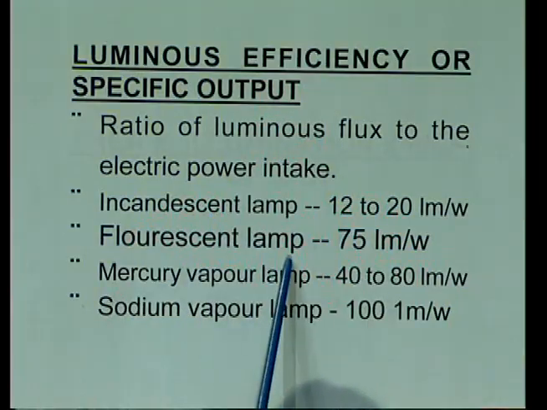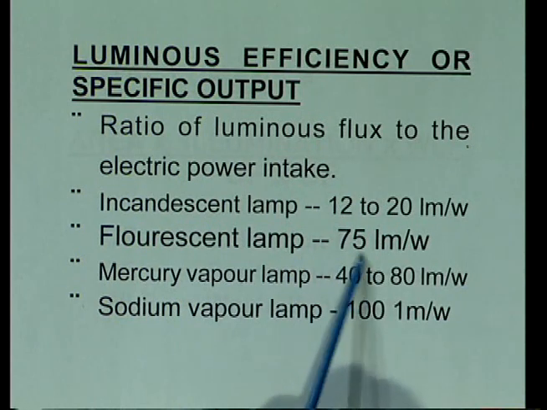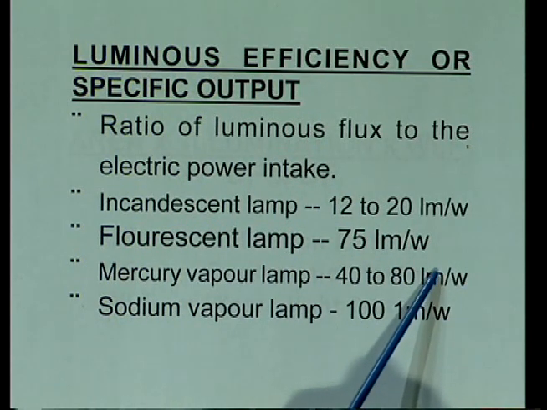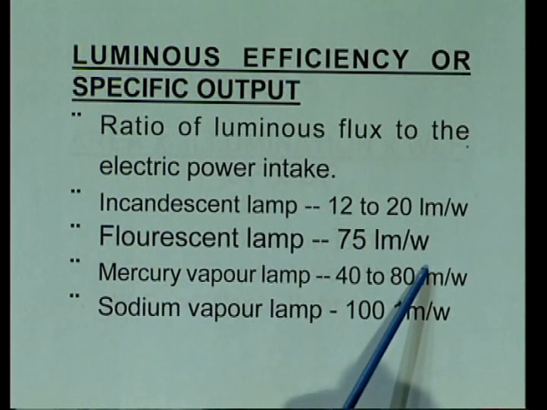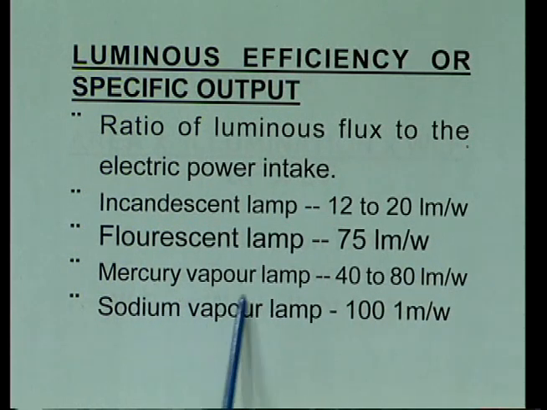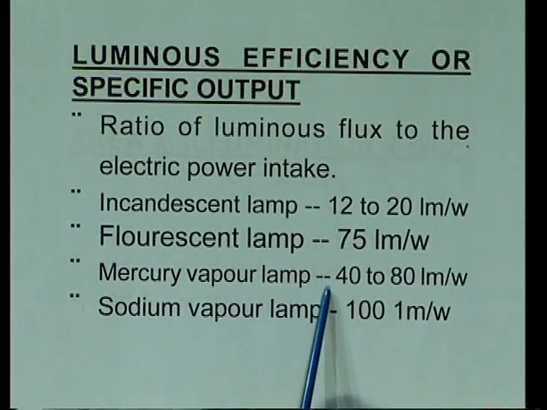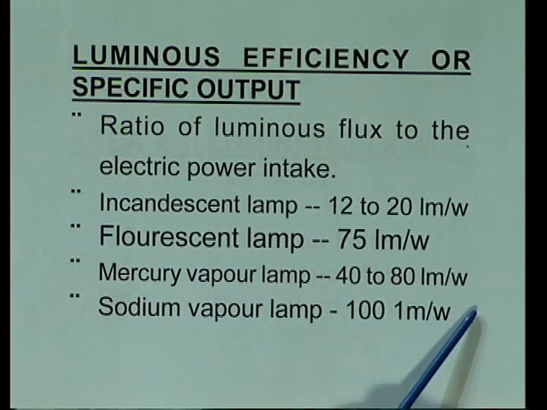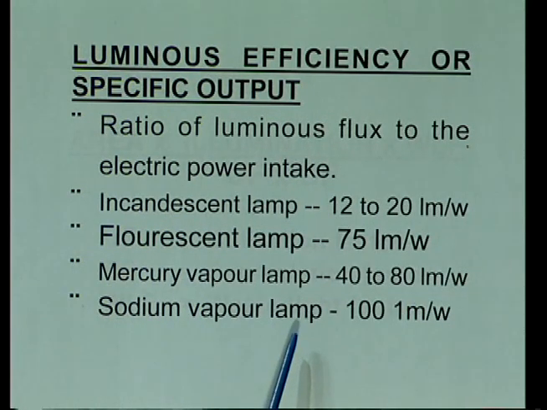A fluorescent lamp gives out 75 lumens per watt. A mercury vapor lamp gives about 40 to 80 lumens per watt. A sodium vapor lamp gives about 100 lumens per watt.